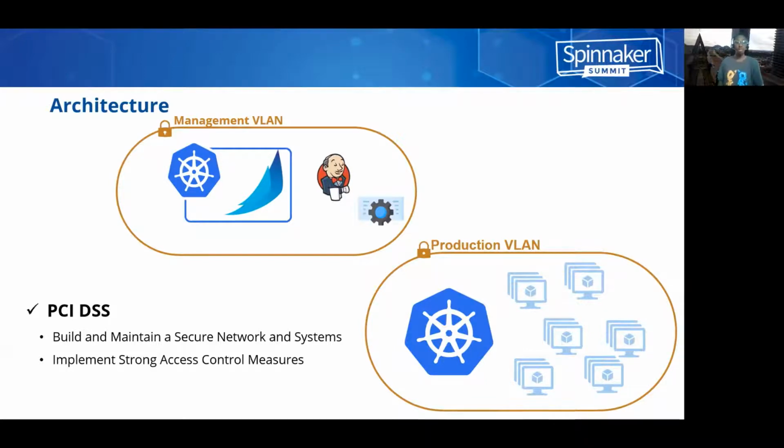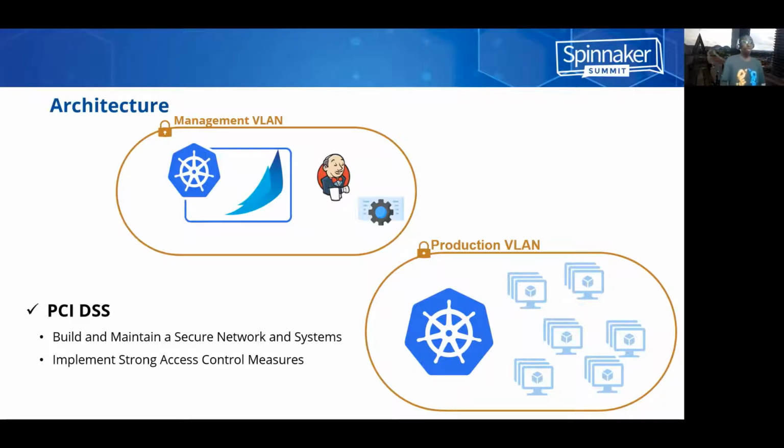So separating into these three separate VLANs helps us achieve two other goals on the PCI DSS checklist. These are deploy and maintain a secure network and systems. Again, because the environments are now segregated, are now independent, we've increased the security of our network. Also, implement strong access control measures.